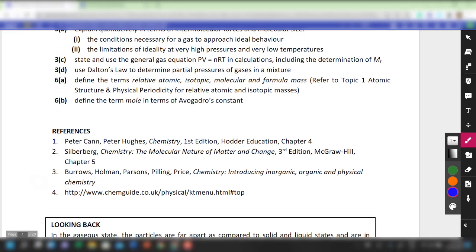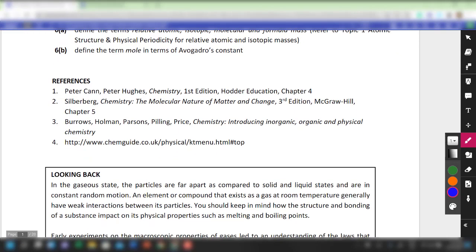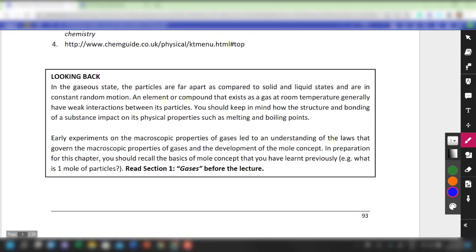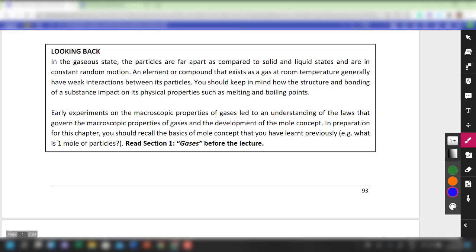Other than that, gaseous states for H2 chemistry is just a small topic. Not to say it's not important. It's important, it cuts across all areas of chemistry which you will encounter in H2, especially in the calculation.